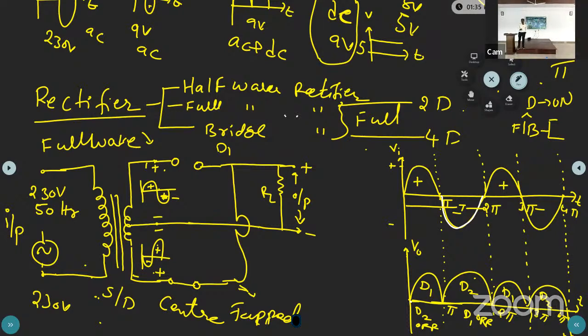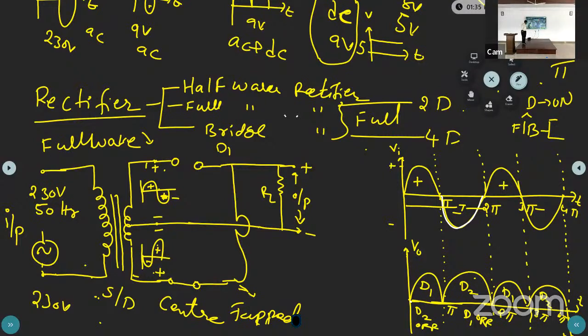Compared to the normal transformer, the center tapped transformer is costly. Because of this, the full wave rectifier is not recommended in mobile phone adapters. They use only the full wave bridge rectifier.